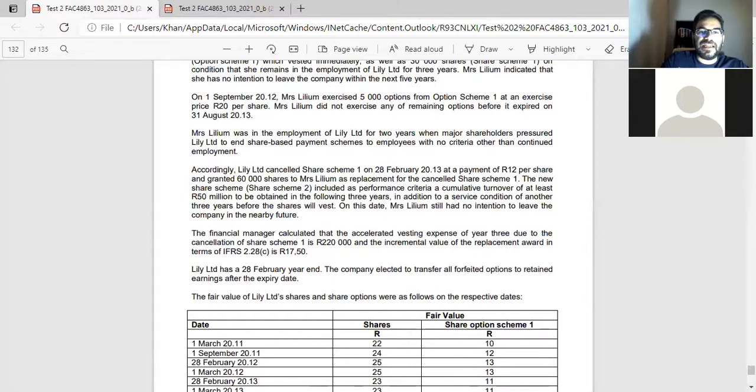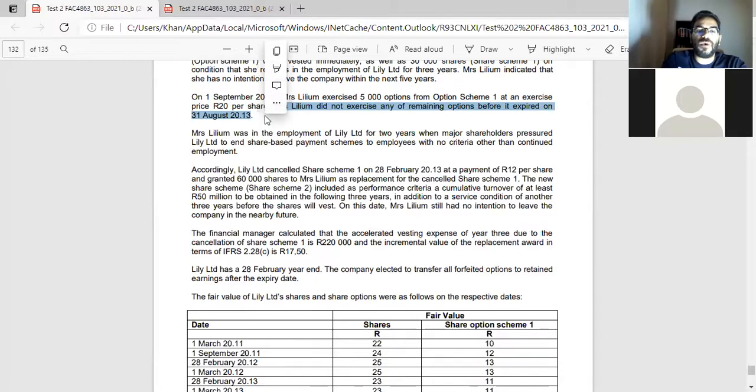Okay, and they're saying Ms. Lilliam did not exercise any of the remaining options before it expired on 31 August 2013. So she only had until 31 August 2013 to exercise the options. So she didn't exercise the remaining 5,000.